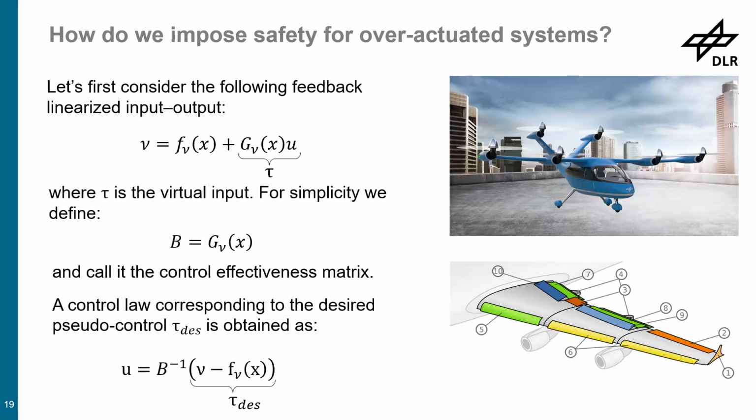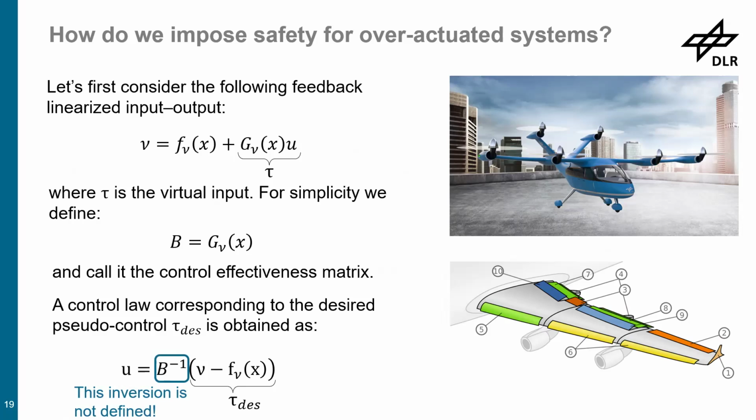Normally you try to bring the system into some sort of feedback linearized input-output relationship, where you control the system with respect to a virtual input, and you obtain a control effectiveness matrix B. And in order to control the system properly, you would have to use this control law. And for this control law, we would have to invert B, right?